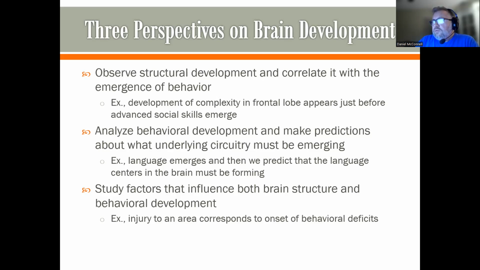So just as one example here, there's some research that's observing in early childhood how frontal lobe connectivity begins to increase during certain stages in early childhood. And as that frontal lobe connectivity is increasing, some of the core milestones that we will see would be the emergence of certain social skills.